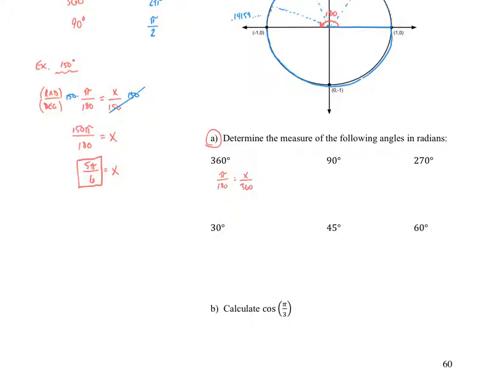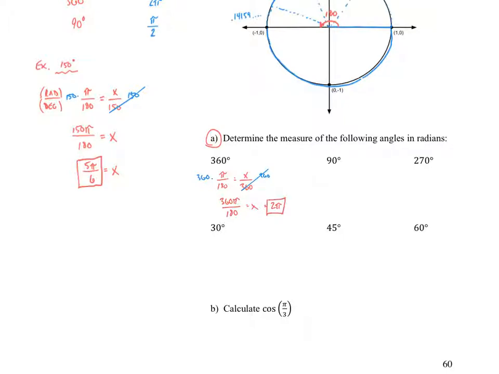So again, I would just multiply by 360. This side would cancel, and then I would have 360 pi over 180, which we know would reduce, because 360 divided by 180 is just 2. So I would end up getting 2 pi.